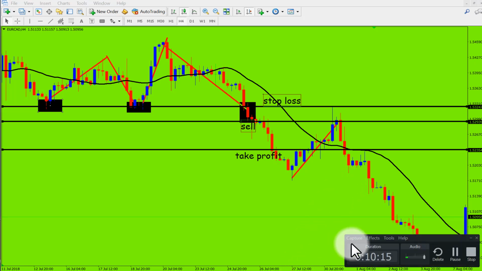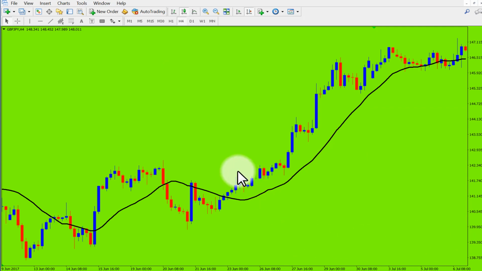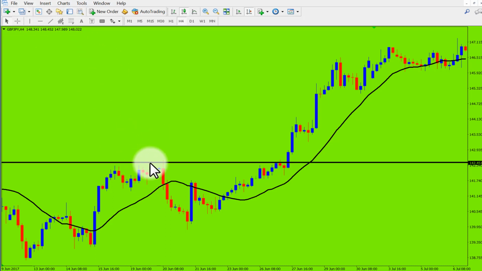Okay guys, here we have found the buy setup. This is our GBPJPY, pound versus Japanese yen, and this is our chart. If we look very carefully, then we will find this setup this way. We can assume that this is our first bottom, this is our second bottom.